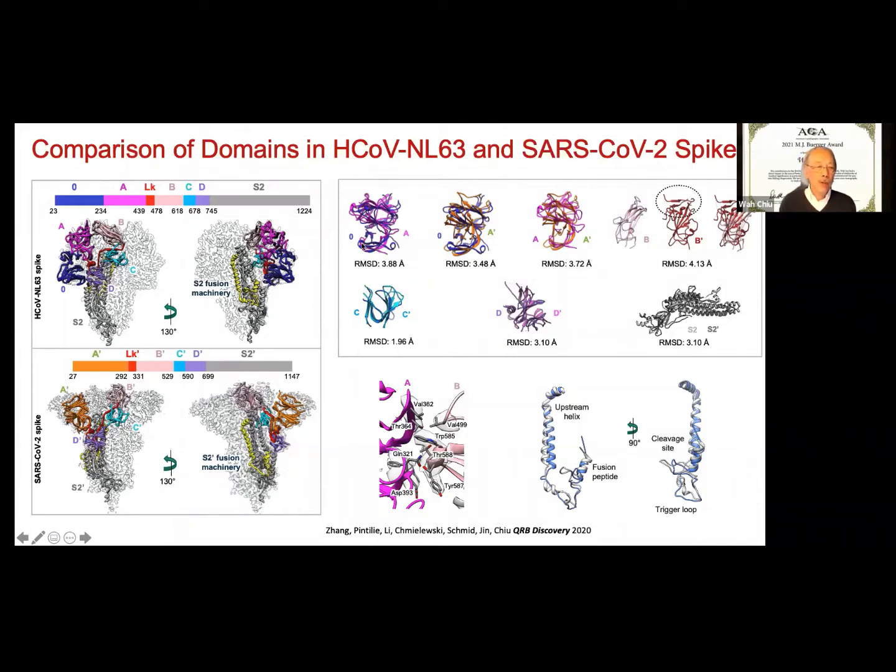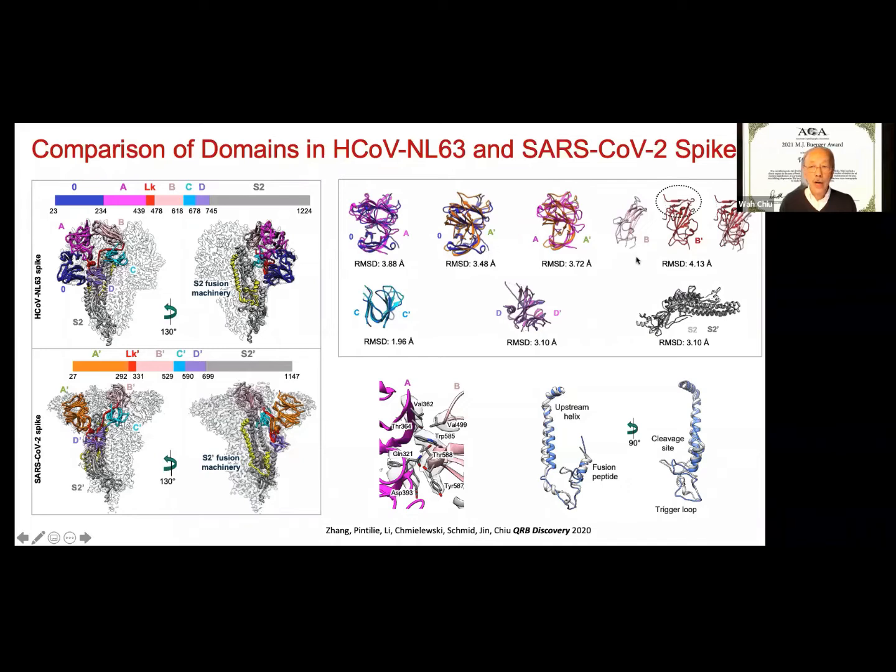When we compare the domain 0 and A, the tertiary fold appeared to match very well. So that suggests that this 0 and A is probably a gene replication. And because of this structural similarity, it's likely that they all come from the same common ancestral origin of coronavirus.